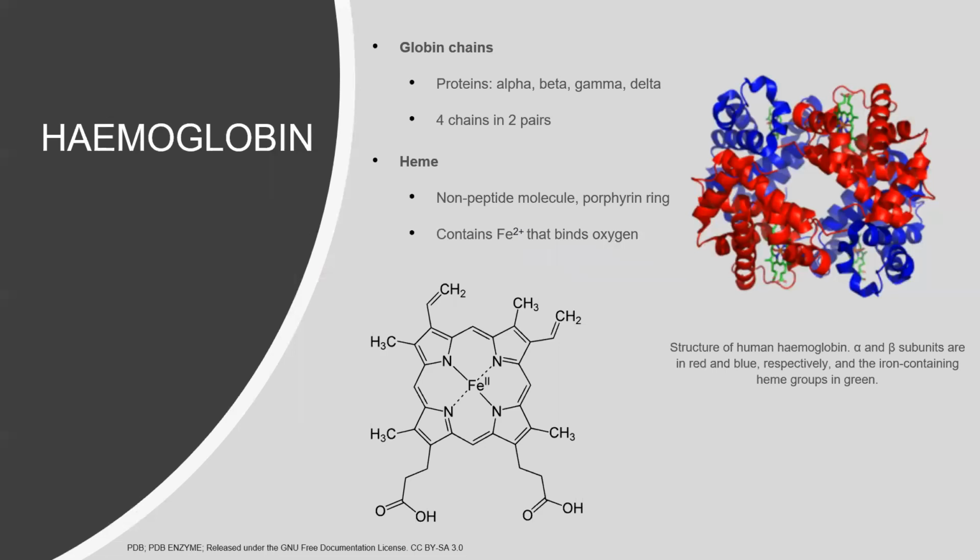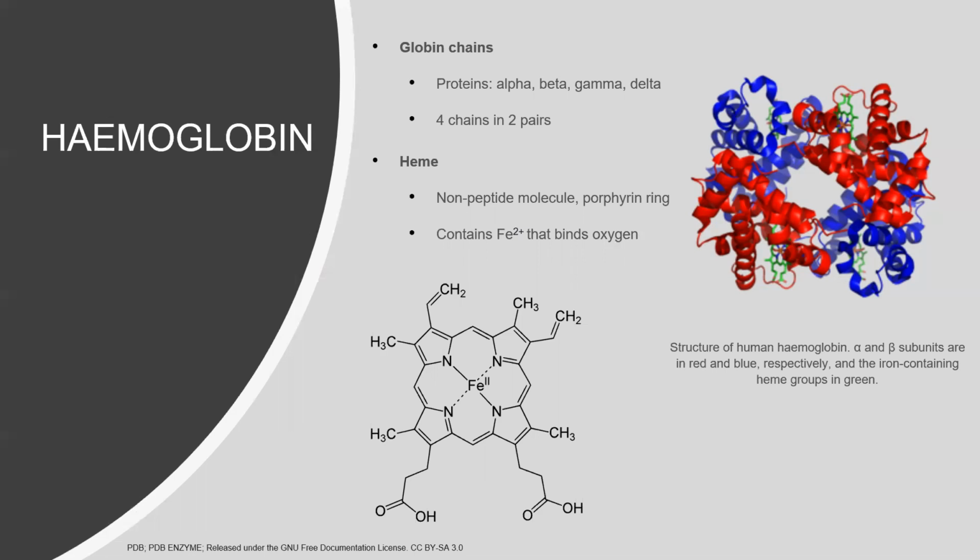All hemoglobin molecules are made up of 4 chains in 2 pairs, right? So please keep in mind that all hemoglobin molecules are made up of 4 globin chains in 2 pairs, all right?